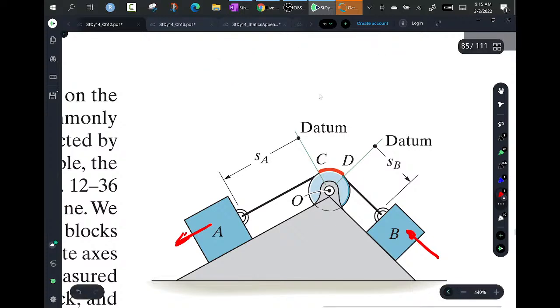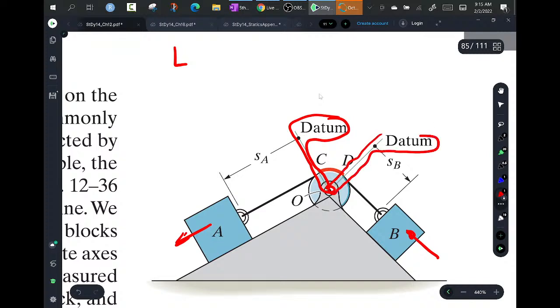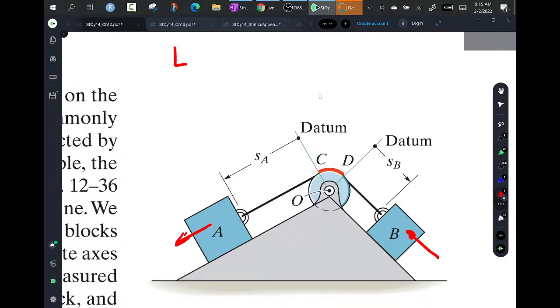And so if you're doing this, you just pick out the length, and then you have to pick yourself a datum. And the datum has to be something that's not moving. You don't have to have the same datum for each block, or he'll call it mass or particle. So he may use the word particle.